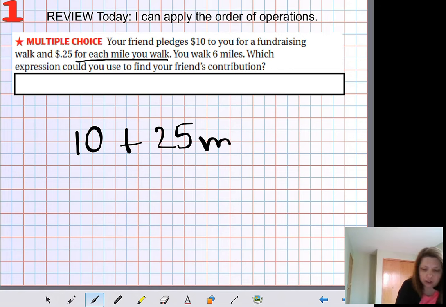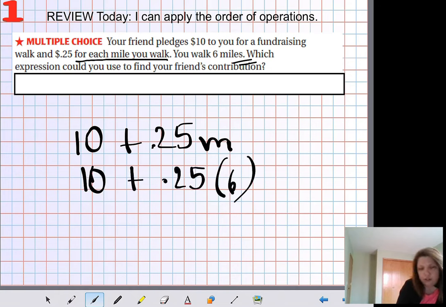And also in the second sentence, it says you walk 6 miles. So with the first one, we didn't know how many miles. It just says 25 cents per mile. But now we know that you already walked a total of 6 miles. So this will be 10 plus 0.25 times the 6 miles you walked. And then this whole thing will be the contribution your friend makes.